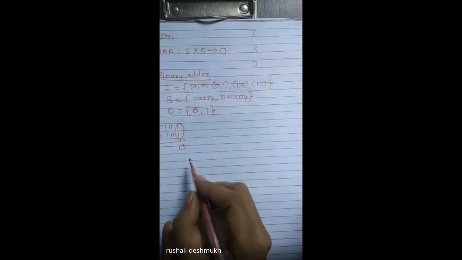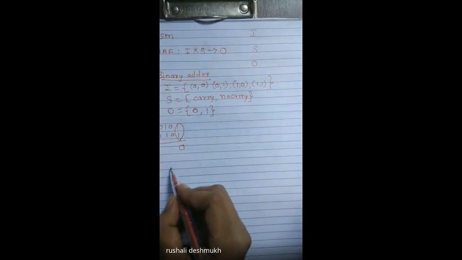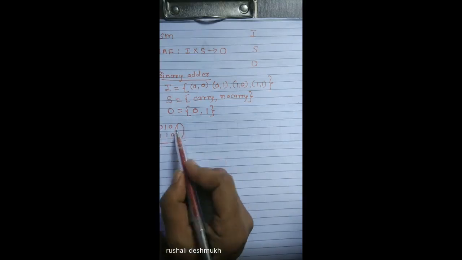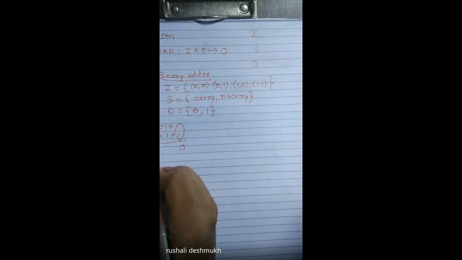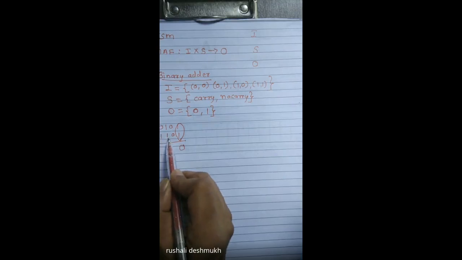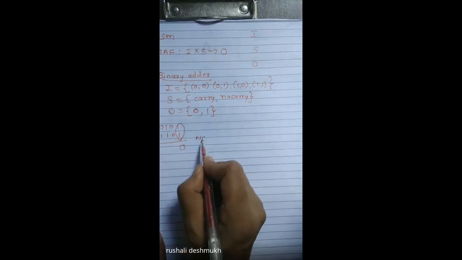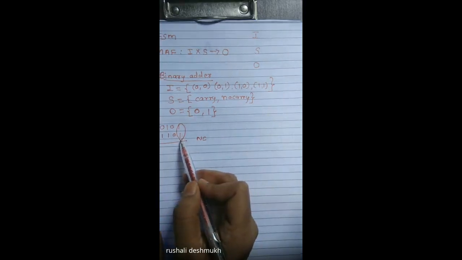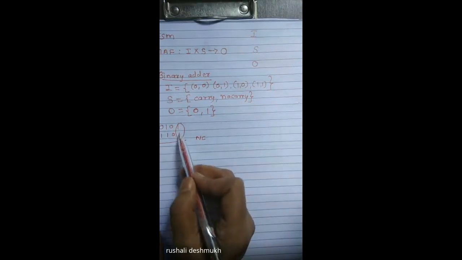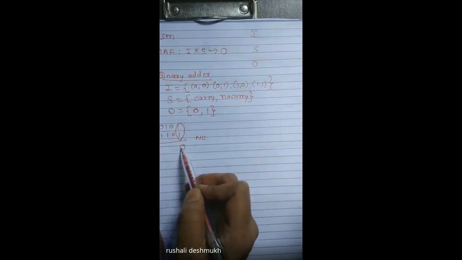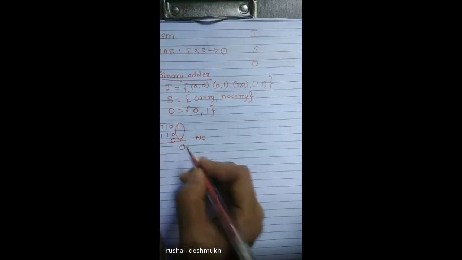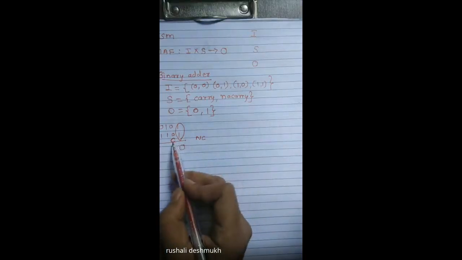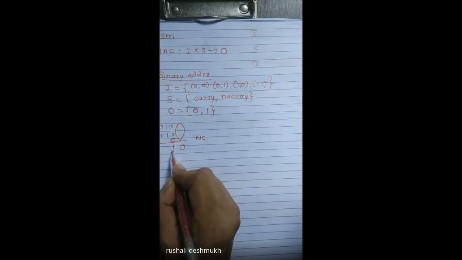So if I give the same example as input, let us consider 0, 1, 0, 1, and to that we want to add 1, 1, 0, 1, and your initial state is no carry. No carry means that when I add 1 plus 1, you know that in binary addition you also have to add the carry to it. So 1 plus 1 with no carry gives 0, and a carry is generated. Then 0 plus 1 plus the carry is 1, and the next state generated is no carry.